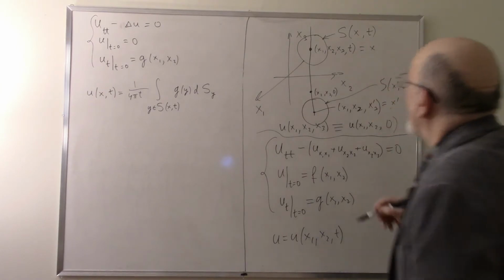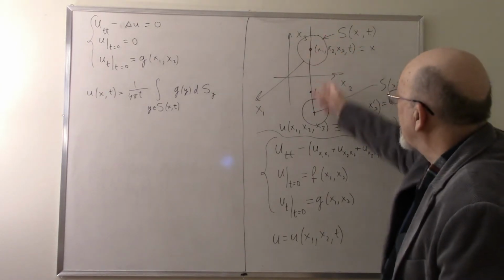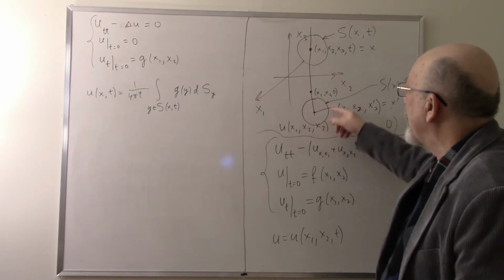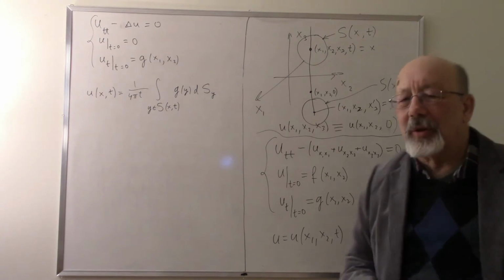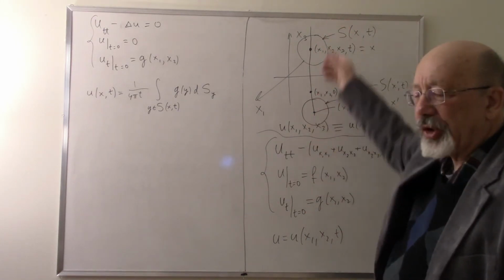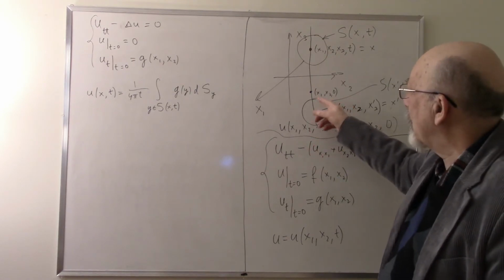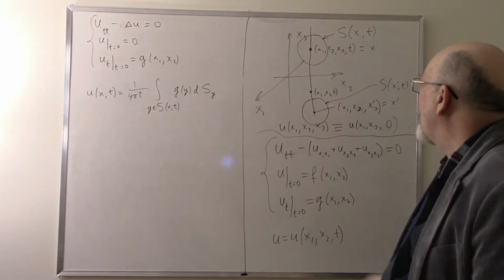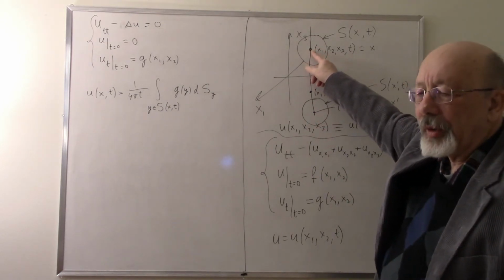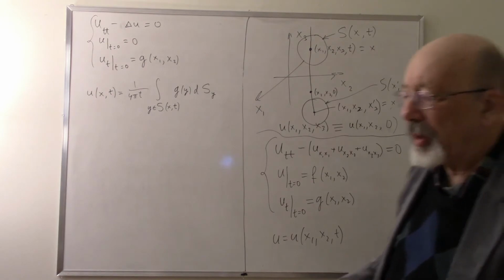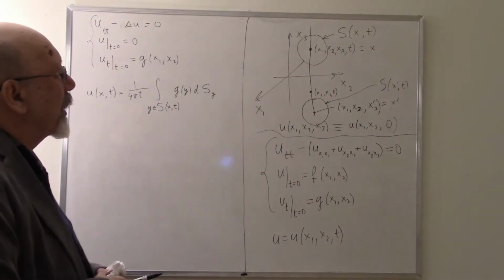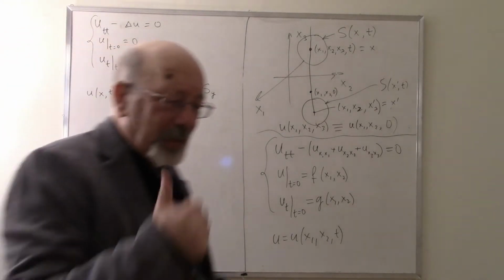If you shift it along this vertical line, then the function on this sphere will not change, because the function is invariant under these shifts. So the solution at this point for time t will be the same as the solution at the other point. So the result will again be a function which depends only on x1, x2, and t, and does not depend on x3.